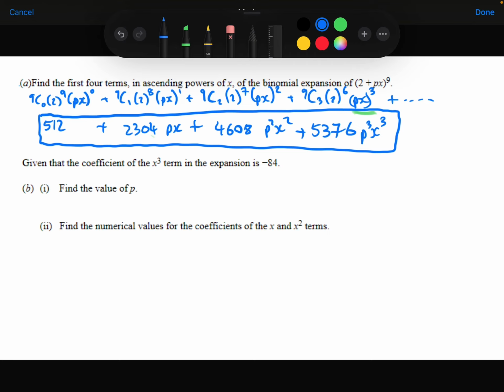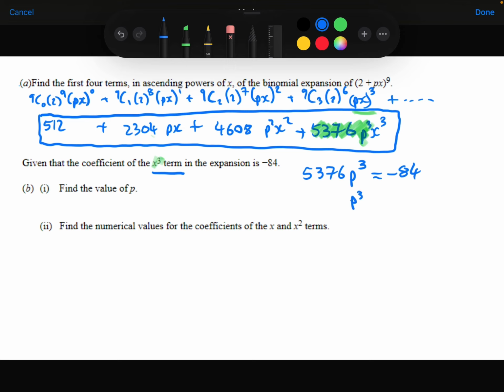We're then told that the coefficient of the x cubed term, so that's this, that's the coefficient of the x cubed, is minus 84. So I can use this to work out p.